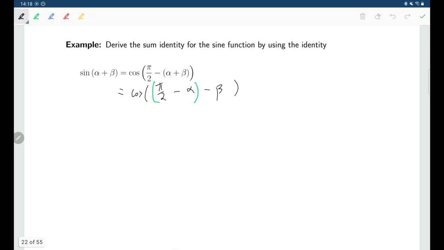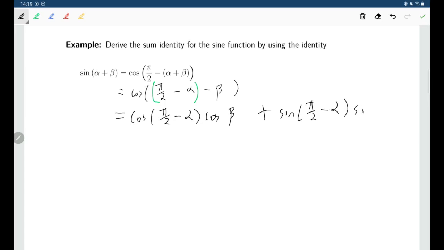We have two formulas, one for cosine of an angle plus another, and one for cosine of an angle minus the other. And I have cosine of one angle minus another, and so I'm going to use that formula, which is that it's cosine of the first angle, cosine of the second angle, plus sine of the first angle, sine of the second angle.